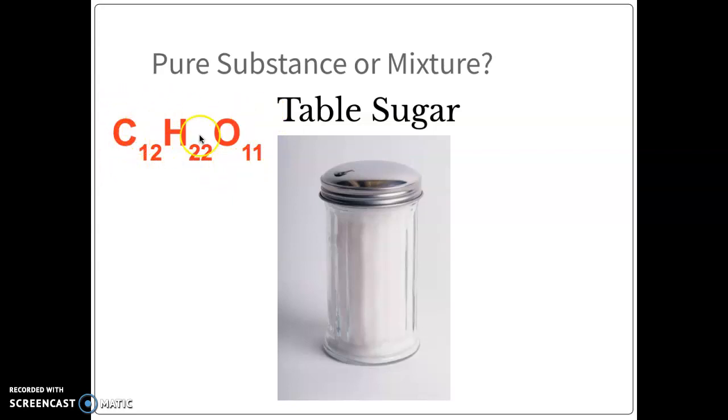It has 3 elements in it, but it is not a single element itself. Since it has 3 different elements in it, we know that it's a compound. And we know that it's a compound because, again, there are no plus symbols, there are no arrows in it. This counts as a compound because all those elements are chemically combined. We can tell because they're all right next to each other. So that is a pure substance because all compounds are pure substances unless they're mixed with other compounds.